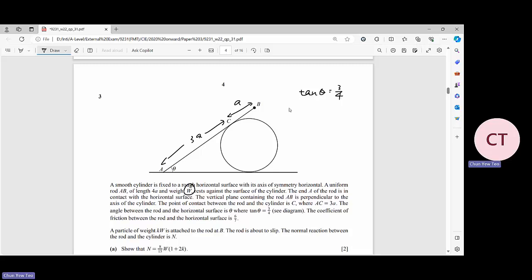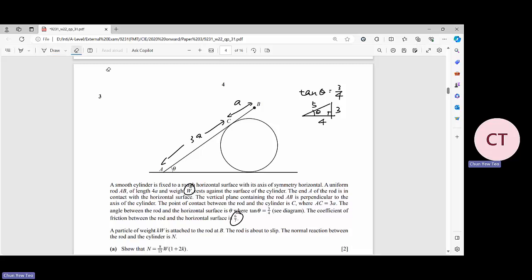If we have done a lot of questions already, we know that the meaning of this information is that they expect us to draw a small triangle like this, forming a right angle triangle, in order to get sine theta and cos theta in exact values. Now the coefficient of friction between the rod and the horizontal surface is 6/7.